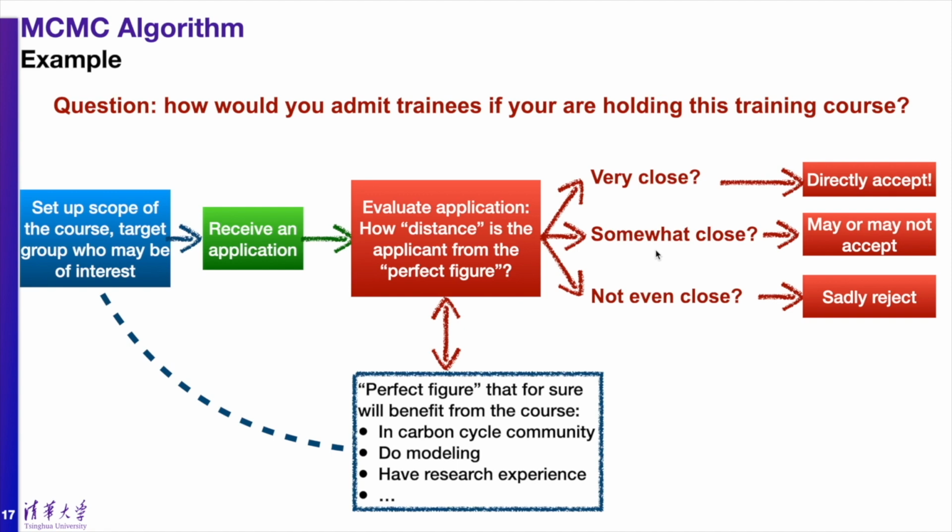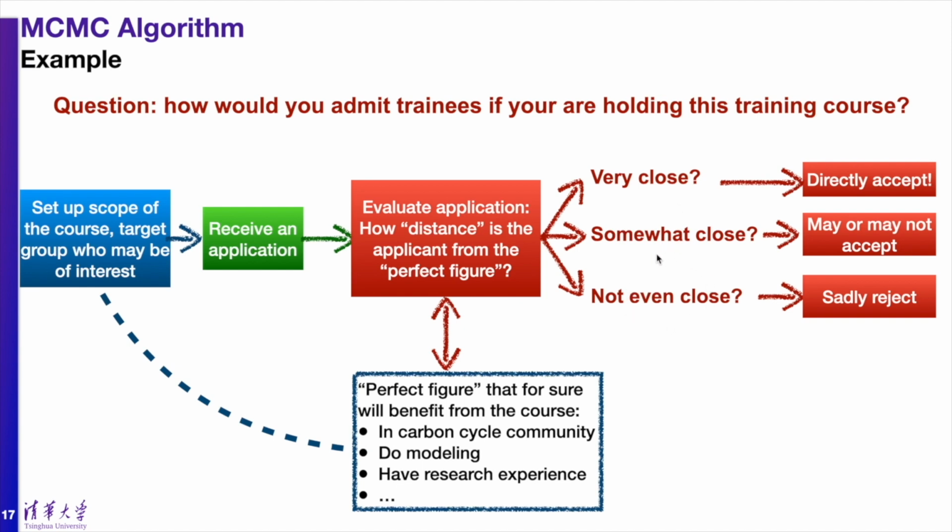Another possibility is that the background of the applicant is not very close to our perfect figure, but they can still benefit from our training course. In this case, we may consider an algorithm to finally accept or reject the applicant.